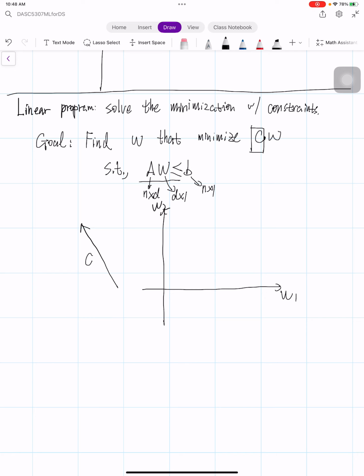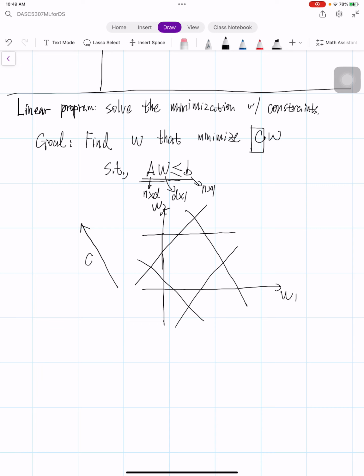And you can think each linear inequality here is a line. For example, the first equation is a line, and below it. And the second equation is this one, the third equation is this one, the fourth equation.